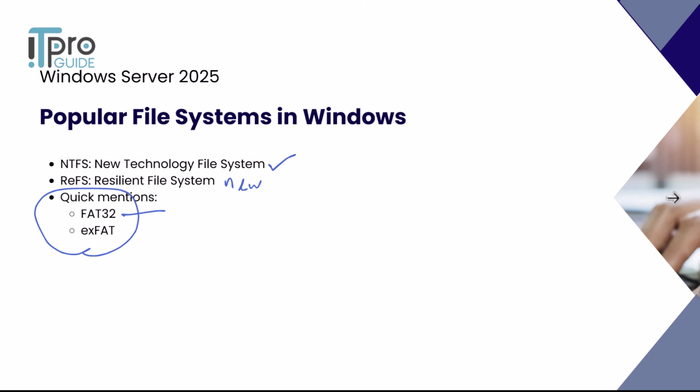When you plug in a USB, it can be either FAT32 or exFAT, but you still have the option to format the USB and make it NTFS. But by default, it comes with exFAT. They are not recommended for server environments. So in a C drive or D drive, where you manage the operating system and virtual machine hard disks, exFAT or FAT32 are not in the picture. There you choose NTFS and ReFS.